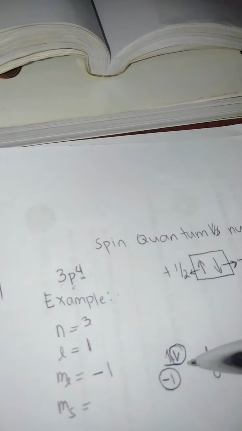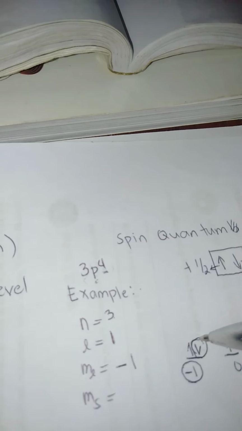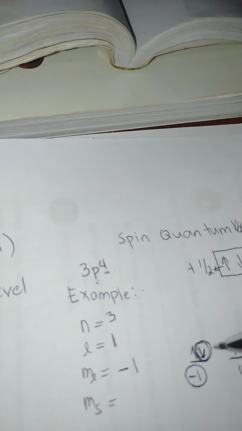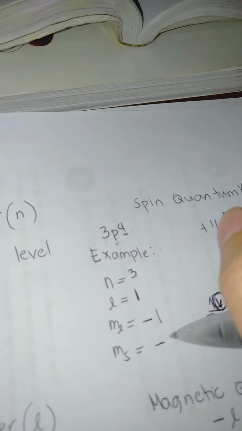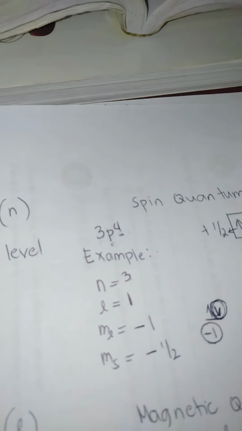For you to determine that, you just have to look at the last electron, if it is downward or upward. Because our last arrow is downward, we will have -1/2.